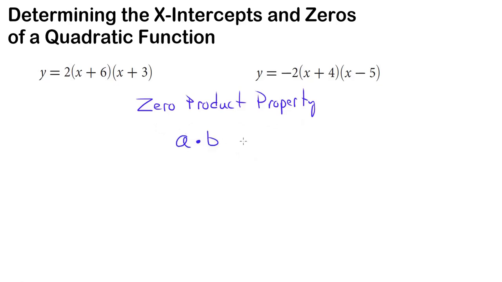If A times B equals 0, then we know that either A equals 0 or B equals 0 or both of them equal 0, because 0 times 0 is 0.